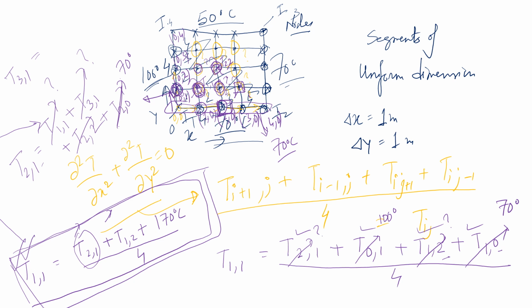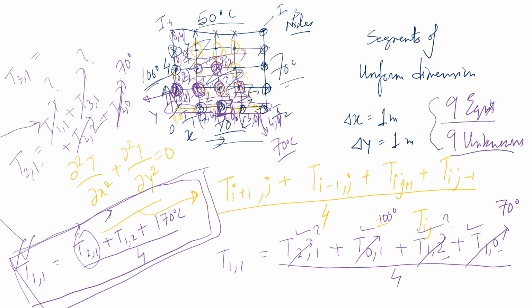In this way, if you move like this, then you will find 9 equations with 9 unknowns.